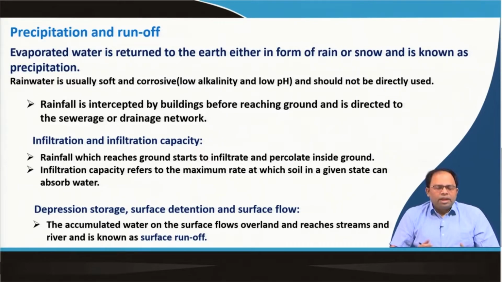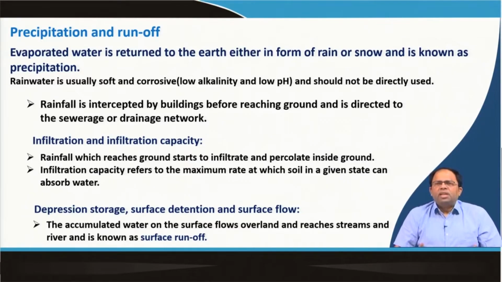Once the rainfall comes to the ground directly, it flows over the ground, and we call it runoff, right. Now, when rain falls on the ground, depending on the kind of surface it falls on, if it is not impervious, in that case rain infiltrates a little bit inside the ground itself, right.